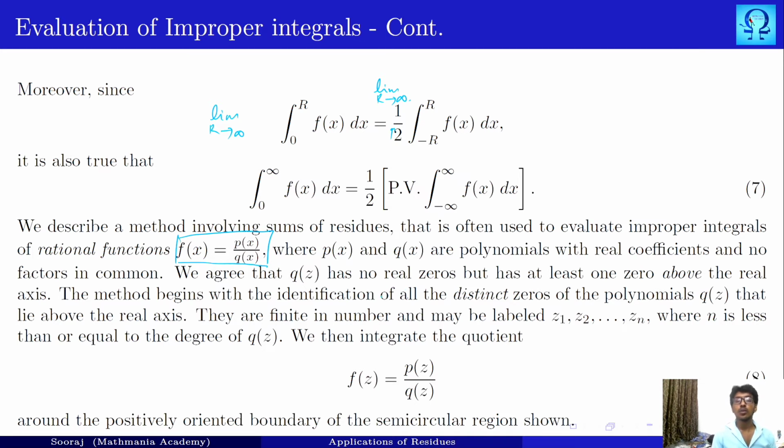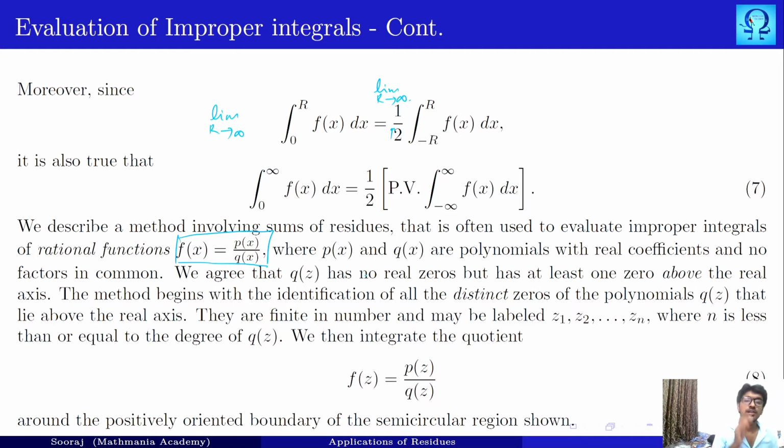Right, now let us assume a few more things. Actually it is not an assumption, this trivially follows. When your q of x is a polynomial, of course it will have some roots. Here we are considering real polynomials.